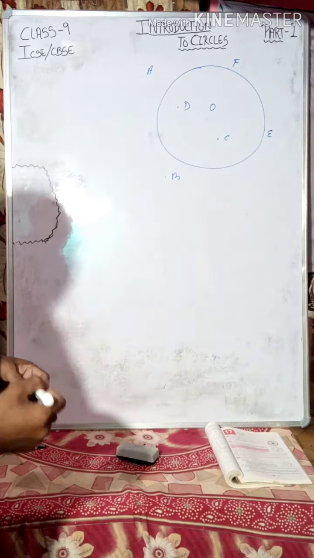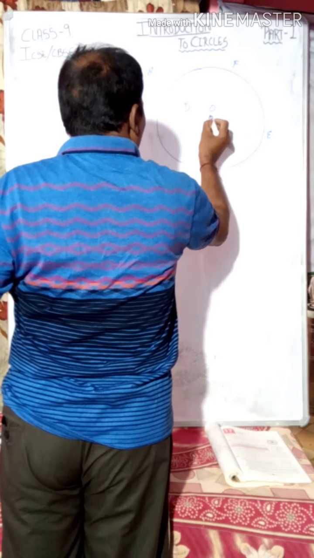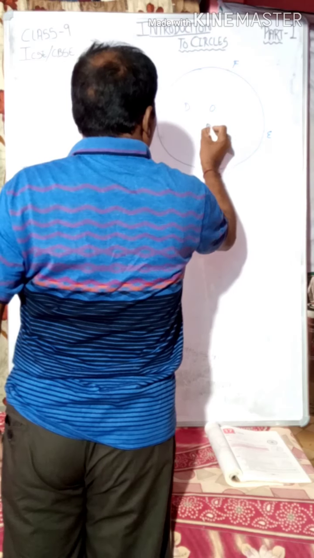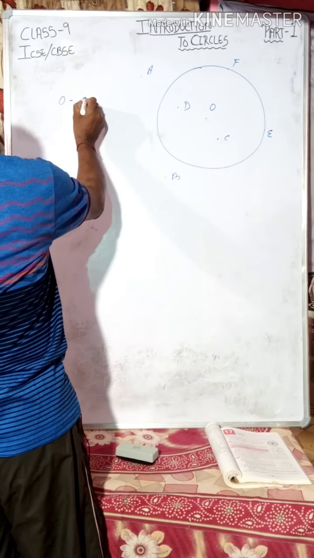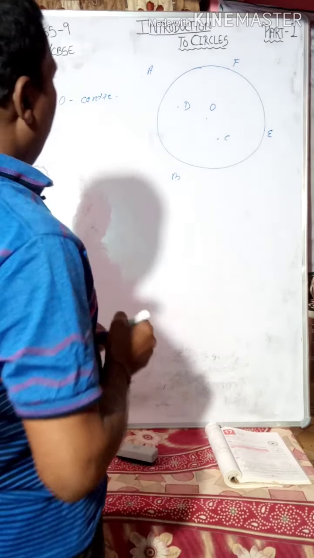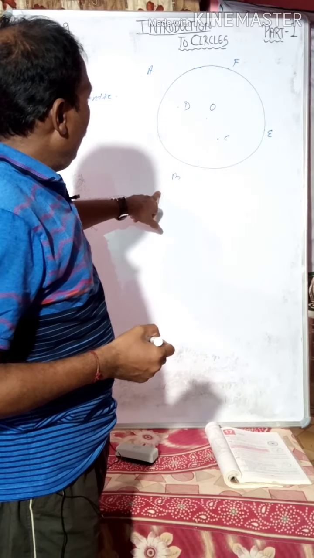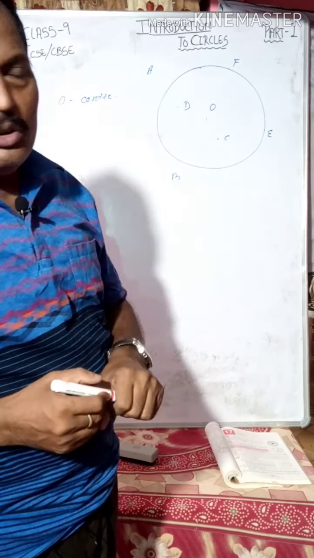Now here is a circle with a fixed point O, which is the center. O is the center of the circle. Now look, some points A, B are outside of the circle.